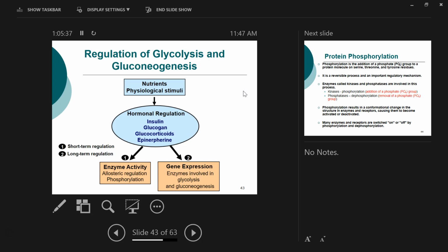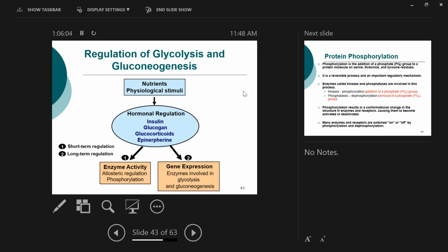I just wanted to remind you, because we're studying glucose metabolism right now, we're talking about the regulation by insulin, focusing on glucose metabolism. But actually, insulin can also regulate lipid metabolism, right? Lipid synthesis or lipid breakdown, and so can epinephrine.